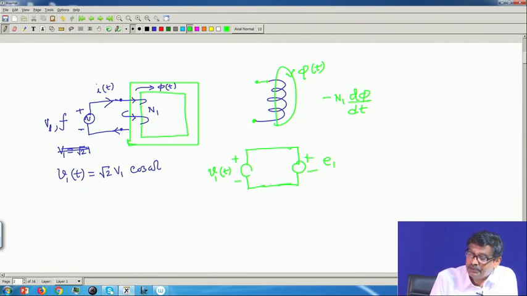The polarity of this voltage will be such that if d phi dt is positive, it will try to oppose the cause. So its polarity will be like this. Okay. So this can now be modeled like this: an applied voltage, and there is another induced EMF.